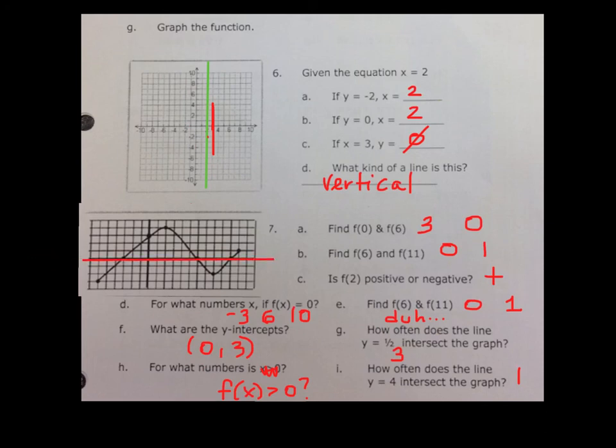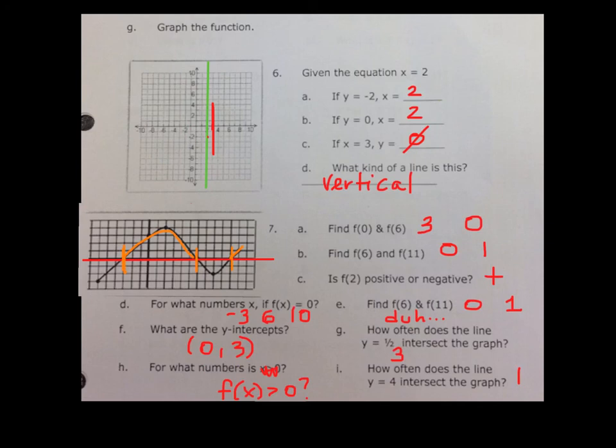So where is my output greater than 0? My output is greater than 0 along this piece and along this piece. So this is -3 to 6, and 10 forward.